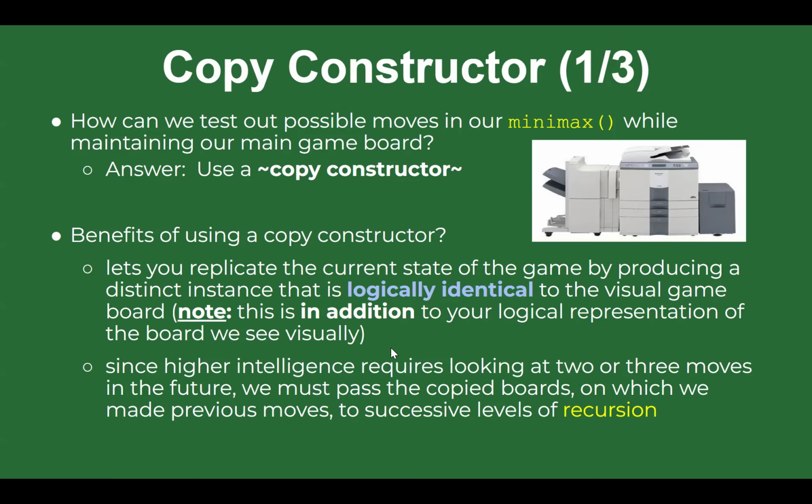So you should have a separate object that keeps track of a copied board if you're playing hypothetical moves on the copy board. And since higher intelligence requires looking at 2 or 3 moves in the future, we must pass the copy boards on which we made previous moves to successive levels of recursion.